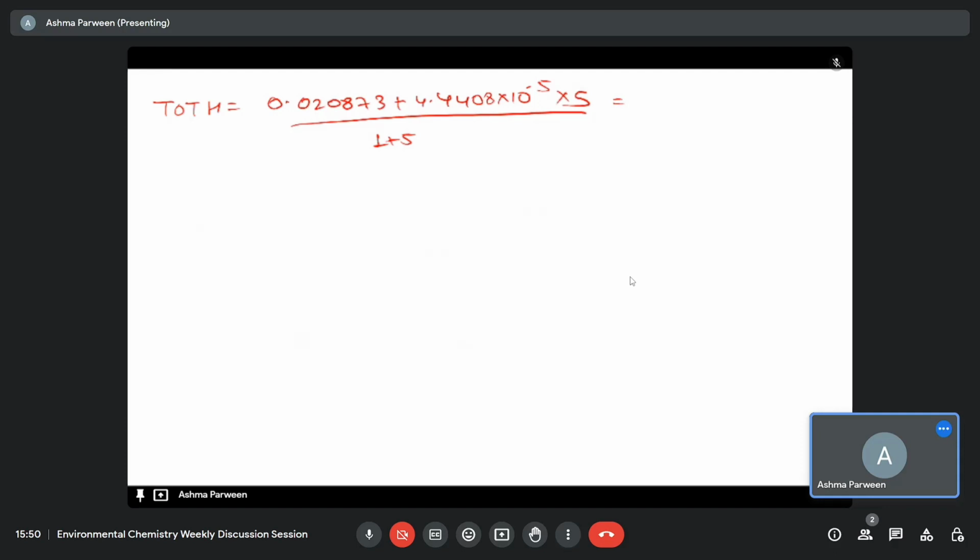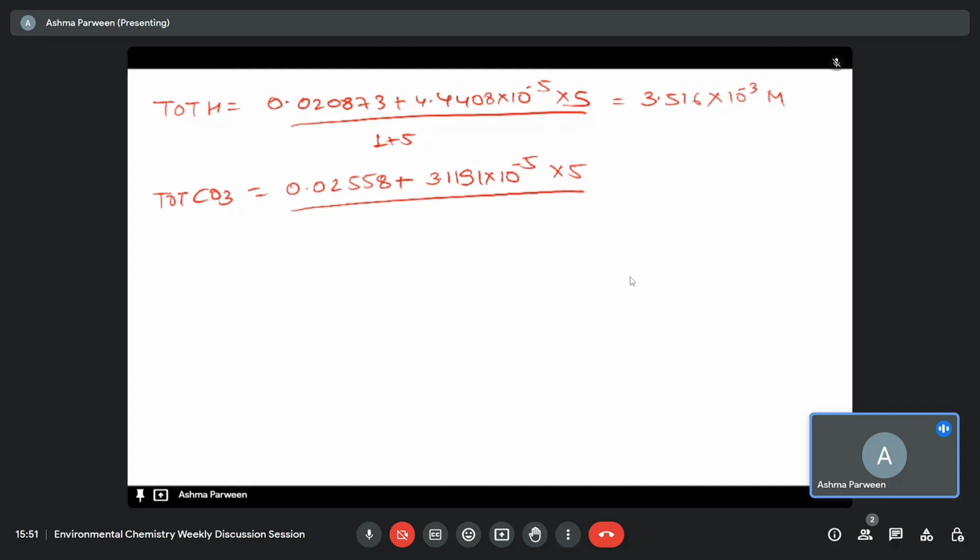So total H is 3.516 into 10 raised to the power minus 3 M. Let's find out the total carbonate. The total carbonate in the first water was 0.02558, plus in the second system it was 3.1191 into 10 raised to the power minus 5, with volume ratio 1:5, so times 1 and 5, over 1 plus 5. So total carbonate is 4.3 into 10 raised to the power minus 3 M.